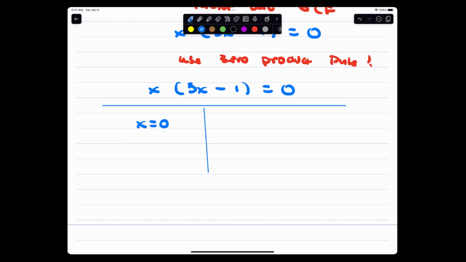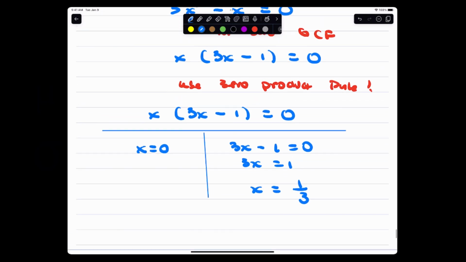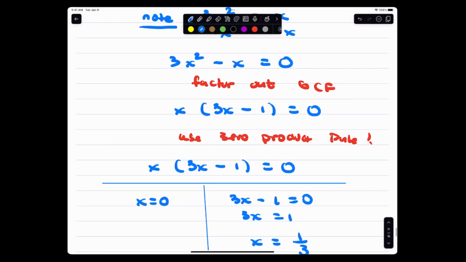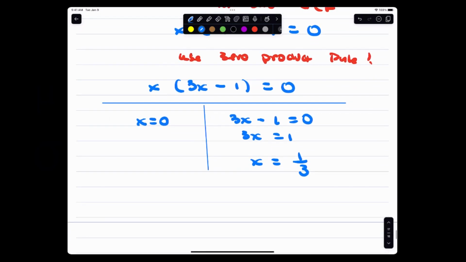So x is 0, or 3x minus 1 is 0. And this means 3x is 1, or x is 1/3. Do you guys remember the algebra back in the day? So you got solutions.